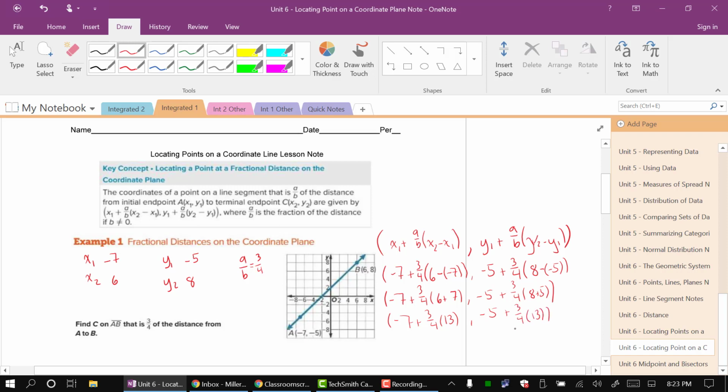So what we're going to do is multiply the 13 times 3 and divide by the 4. So that gives you -7 plus 9.75, and then -5 plus 9.75.